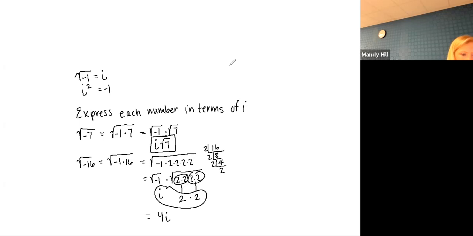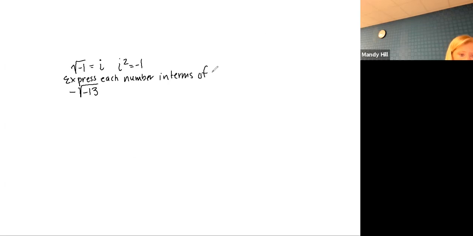Okay, so let's look at some more of these. Remember that the important things are that the square root of -1 is I, and that I squared is equal to -1. So if I've got negative square root of -13, and my directions are express each number in terms of I, when I break this apart, that would be negative, and then -1 times 13.